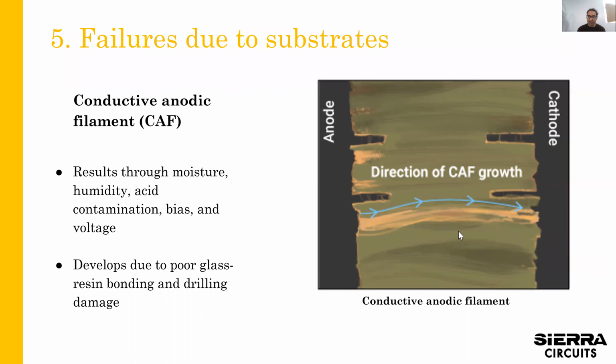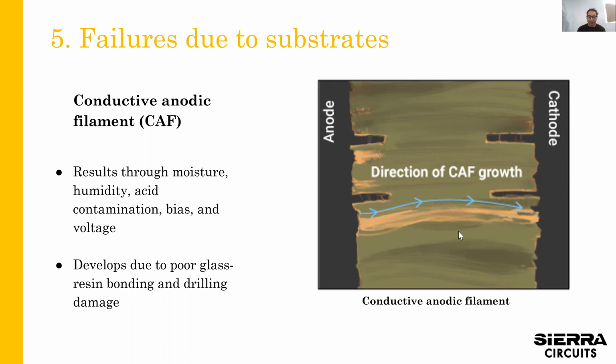Because they've seen that if you have a little bit more microfractures during drilling, and the copper plates inside those microfractures, you can have over time a higher probability of CAF growth.